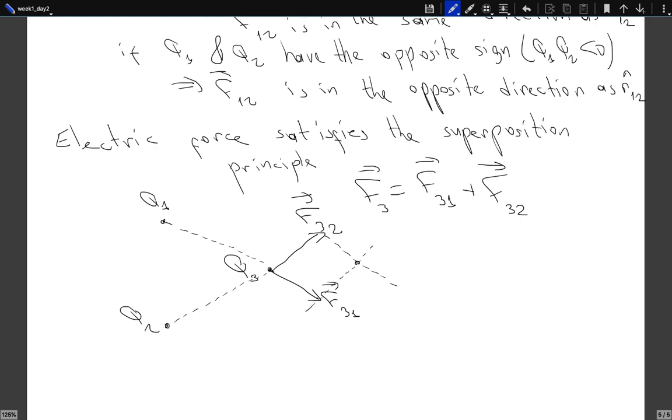So this is where they intersect. So this is my F3. This is the net force acting on the charge Q3. So if you know its mass, you can also calculate its acceleration and see how it will move.